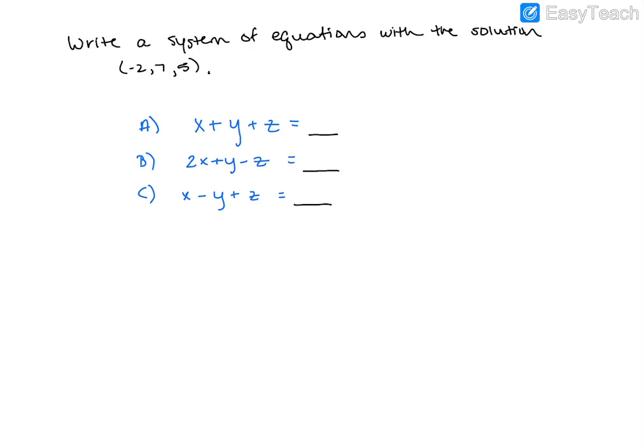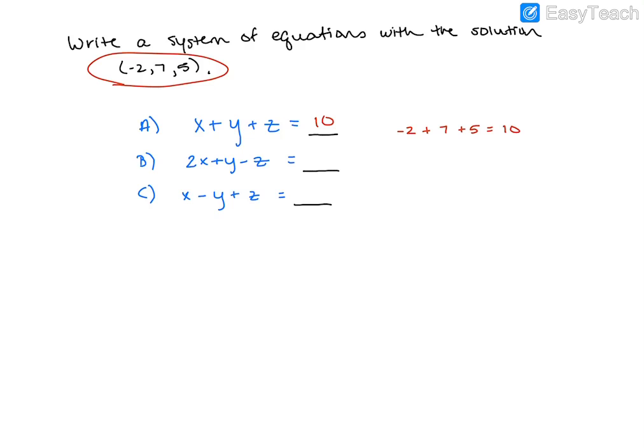What we'll have to do is plug in our solution to figure out what it's supposed to equal. So in this case, we would have negative 2 plus our y value, 7, plus our z value, 5. That equals 10. And so I know that side of the equation has to be 10.